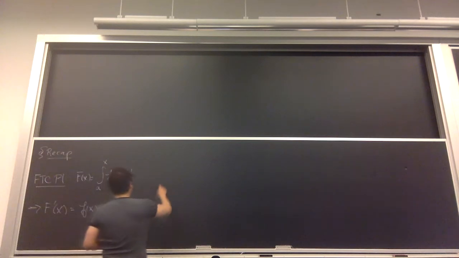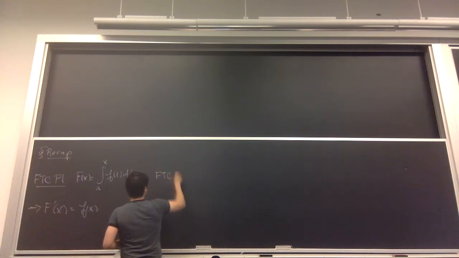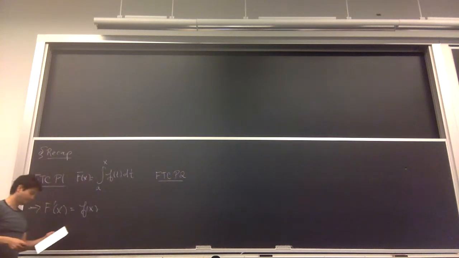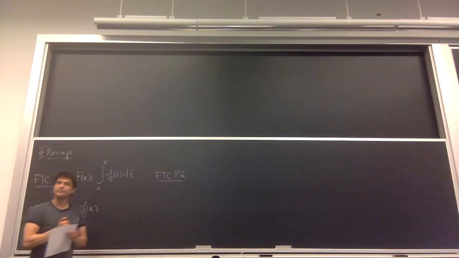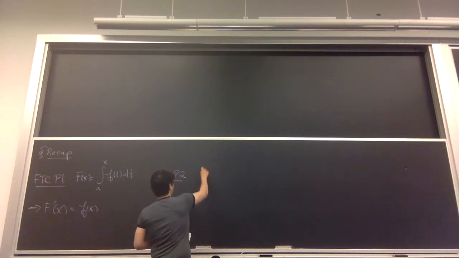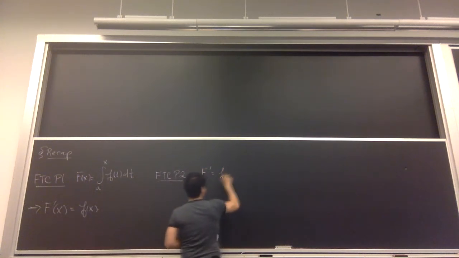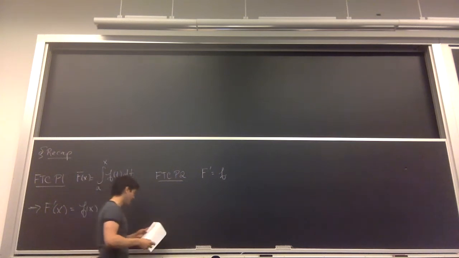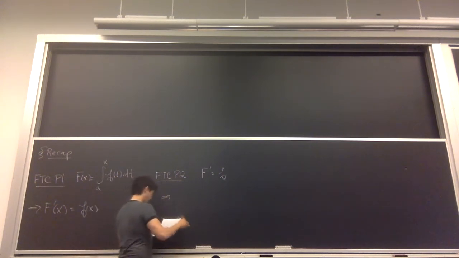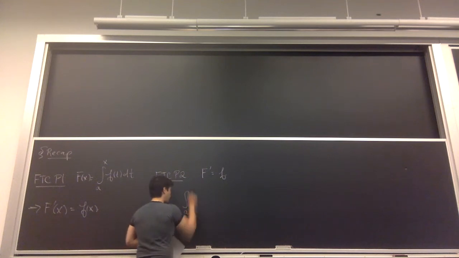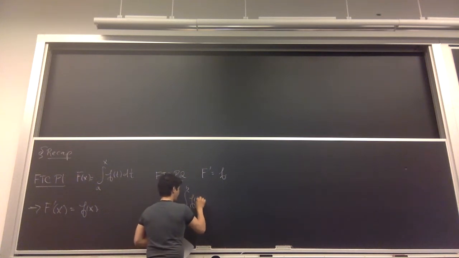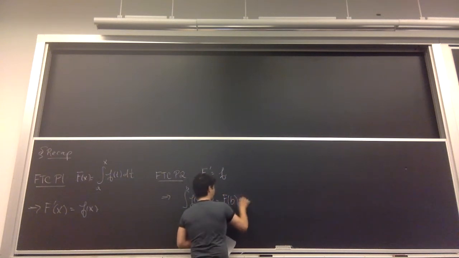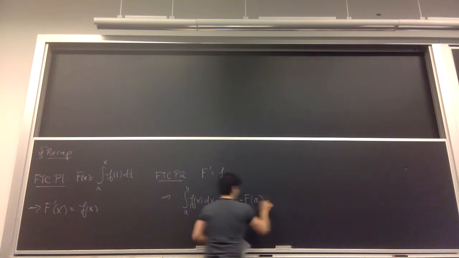What about fundamental theorem of calculus part 2? What does that one say? Yeah, good enough. So if we have F prime is equal to f, that is, if big F is the true antiderivative of little f, then the integral from a to b of f of x dx is equal to F of b minus F of a.